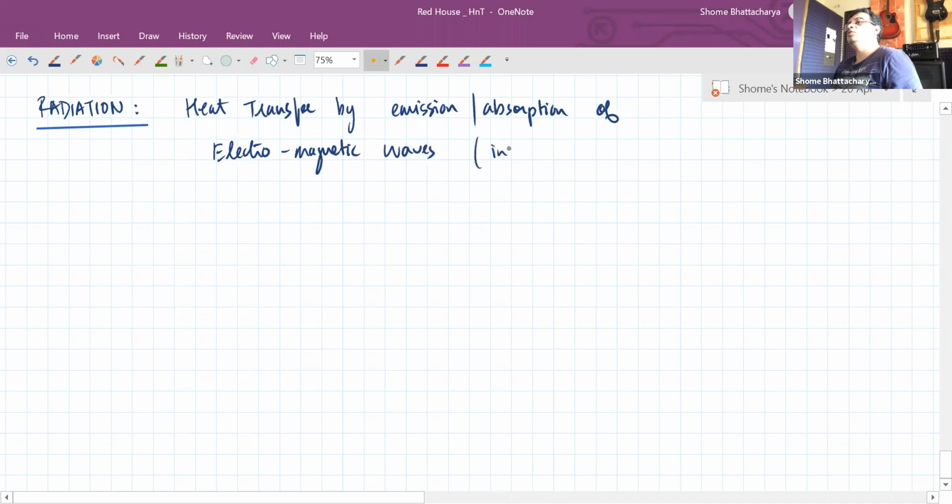Okay. Including visible light, infrared, ultraviolet, etc. Microwaves.